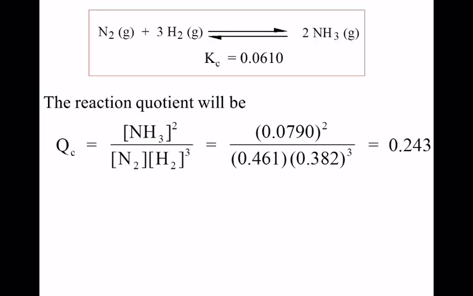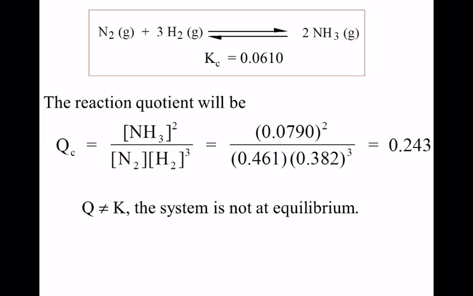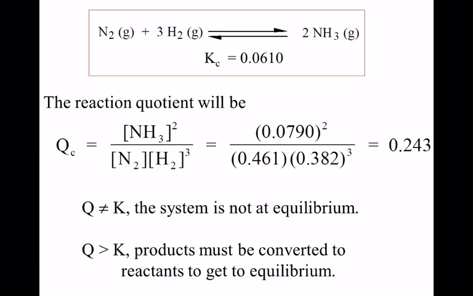And remember we said if you want to know which direction your equilibrium needs to go in order to reach equilibrium, you can compare your reaction quotient with your Kc and make a judgment call. In this case, our reaction quotient Q is greater than our equilibrium constant K, or Kc.